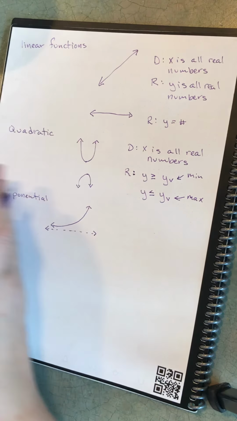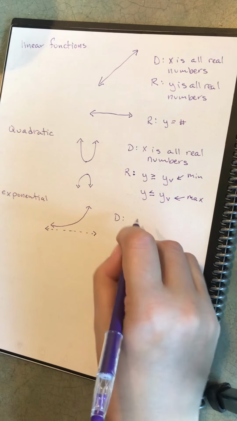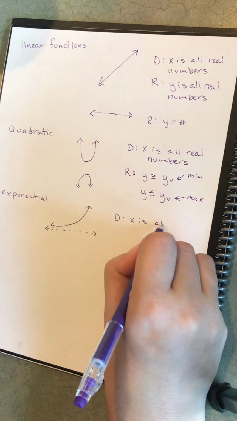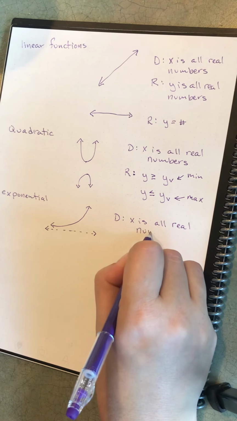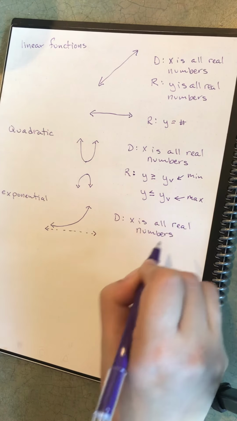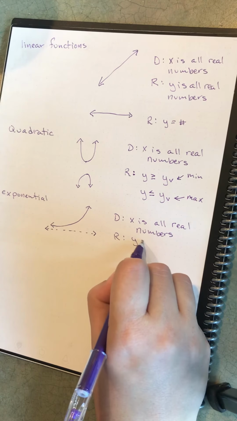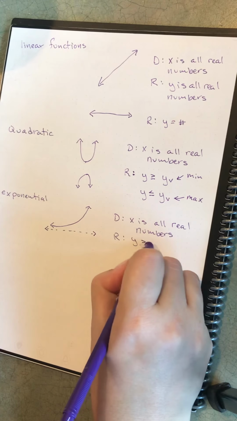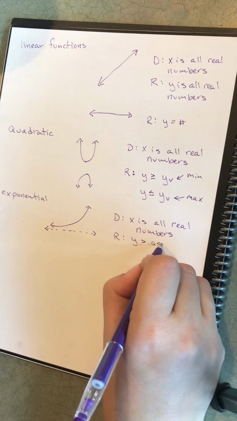Again, for our domain, we're going forever left and right. And our range is y is greater than the asymptote.